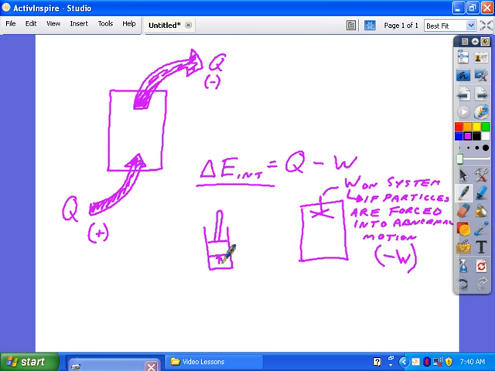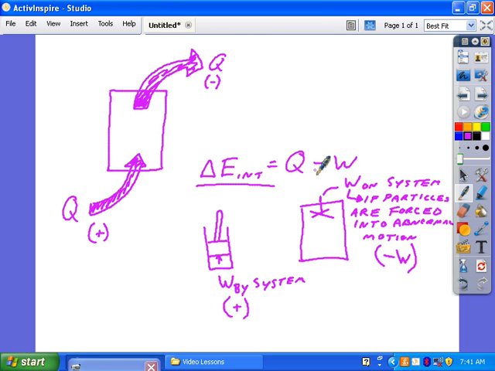You take your spark plug, you light the gas on fire, it explodes, and then that piston is going to be moving up into the air. This piston is dealing with abnormal motion. So that means work is being done by the system. If the work is being done by the system, it is going to be a positive work value.